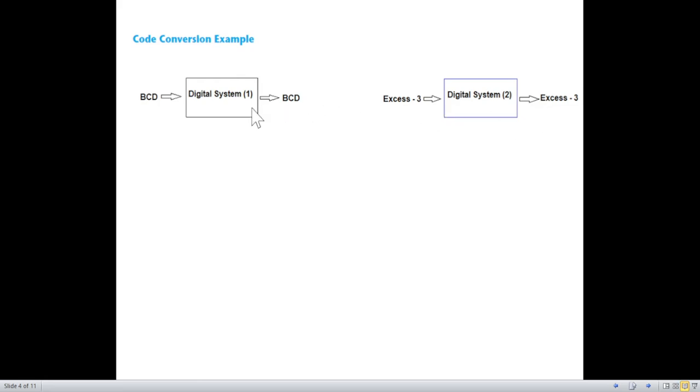Now, if you want to connect this system with the Excess-3 system, what we need is a code converter in between. It's just like a translator. If you have one language and you are talking to a person of another language, then you've got to have a translator in between. So code conversion will convert the BCD to Excess-3.